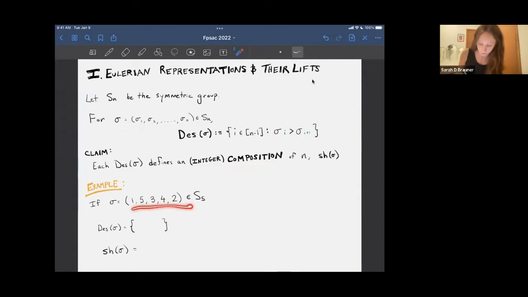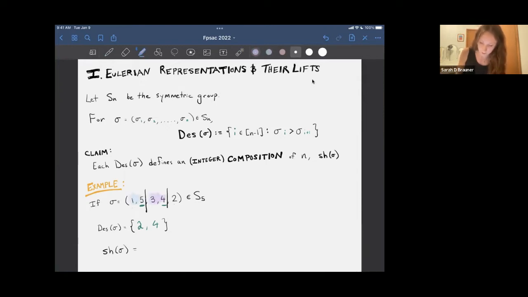So here's my permutation in S5, and I can see that here 5 is bigger than 3, so that tells me I have a descent at position 2, and 4 is bigger than 2, which tells me I have a descent at position 4. The way that I get my integer composition is I draw a line after each descent, and then I look at the parts between each line.